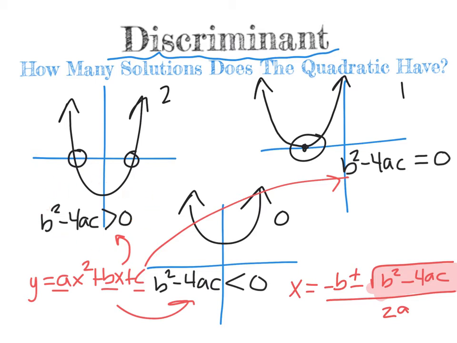If you get exactly 0, you're going to get one solution. And if you get a negative number, you know you're going to have no solution. So you have the Desmos option, where you can graph it and identify if it has x-intercepts, or you can use the discriminant, this piece inside the square root of the quadratic formula, to determine which one you have.